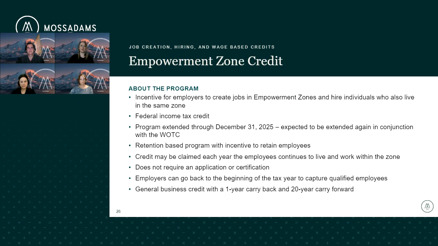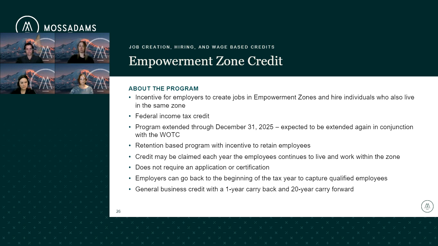Another great program is the Empowerment Zone credit. This is tailored towards businesses who have a physical location in a federal empowerment zone, and they are also hiring individuals who live within that same federal empowerment zone.